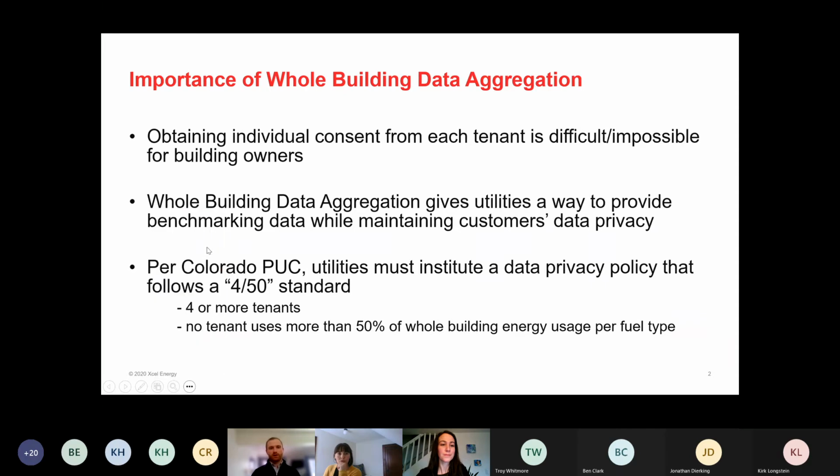And per the Colorado PUC, utilities do have to institute a data privacy policy that follows that 450 standard, which is becoming very commonplace among other utilities, even aside from Colorado. But basically it's just 4 or more tenants and no tenant uses more than 50% of that whole building energy usage per fuel type. Next slide, please.